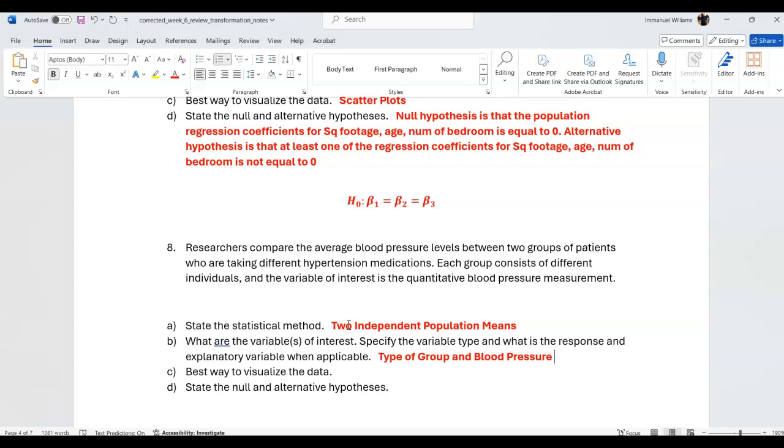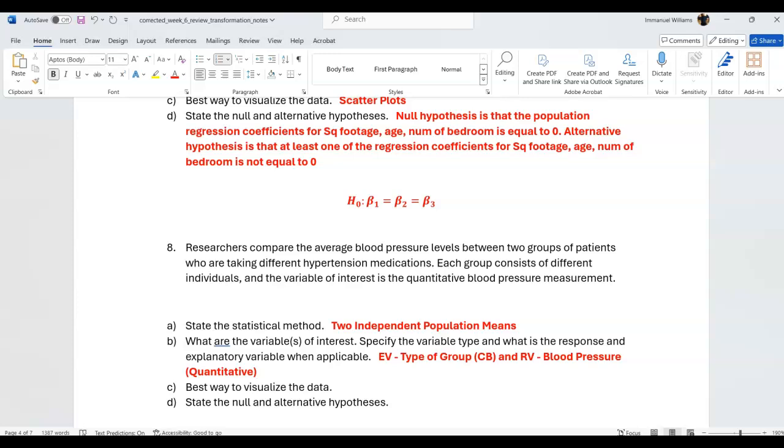Blood pressure is quantitative, type of group is categorical binary. The type of group is the explanatory variable, EV, and blood pressure is the RV, response variable.